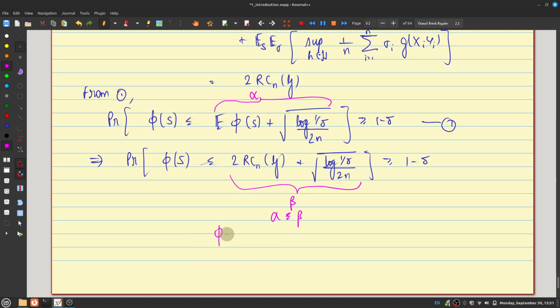So the set of all S such that phi of S is less than or equal to alpha is a subset of all S such that phi of S is less than or equal to beta, right? So the probability of this is greater than or equal to the probability of this. So therefore this bound automatically holds.